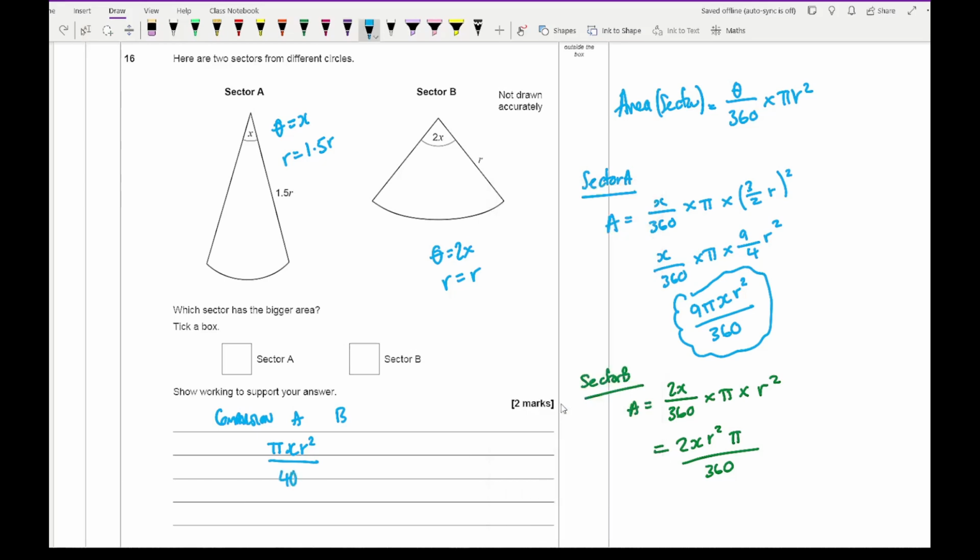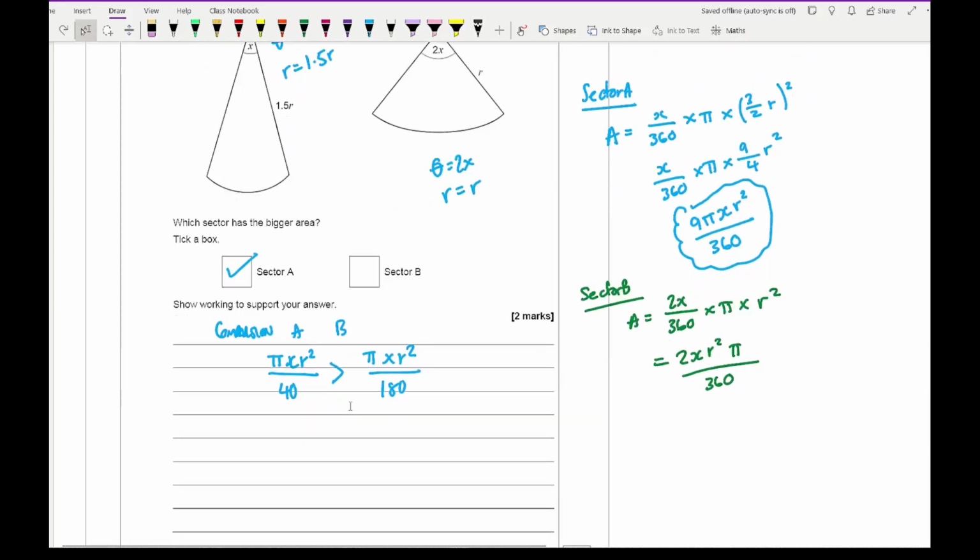And for B I've got pi x r squared over 180. As you can see, in sector A I'm dividing by a smaller denominator, whereas in B I'm dividing by a much bigger one. So sector A is going to have a bigger area.